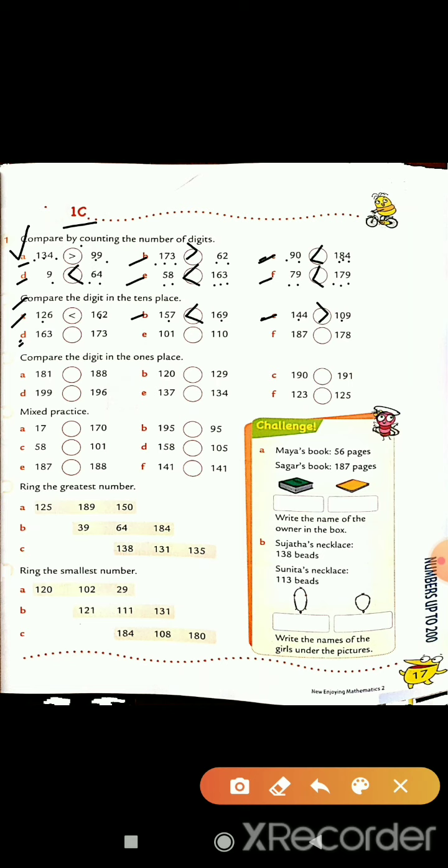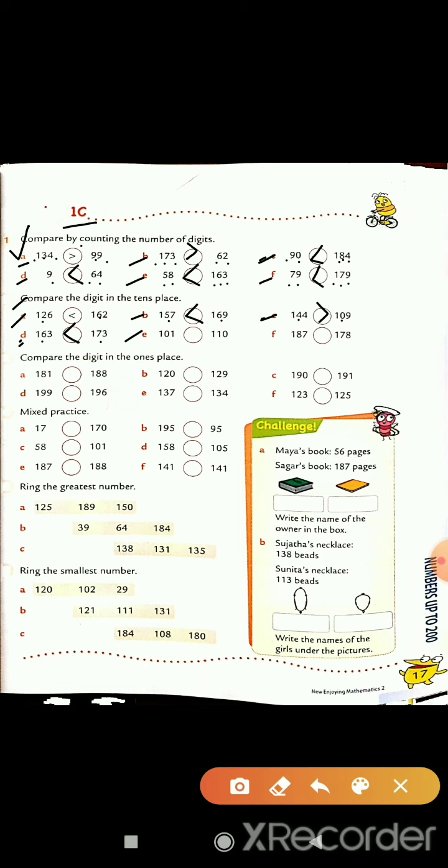Next, D1. 163, 173. What is there in 163 at tens place? 6 is there. And what is there at the tens place in 173? 7 is there. So 7 is bigger, 7 is greater than 6. So 173 is greater than 163. Next, E1. 101, 110.